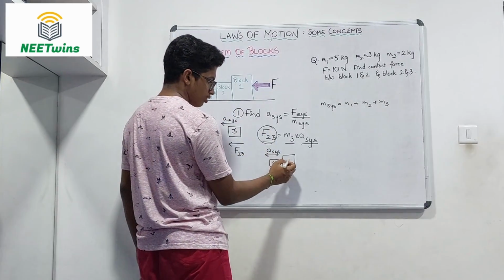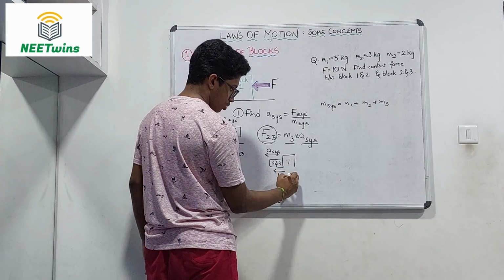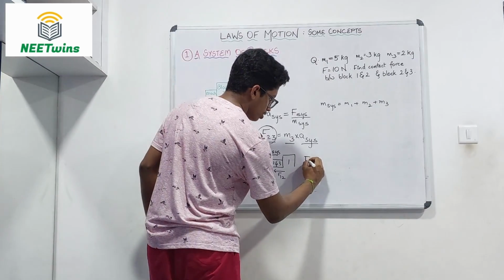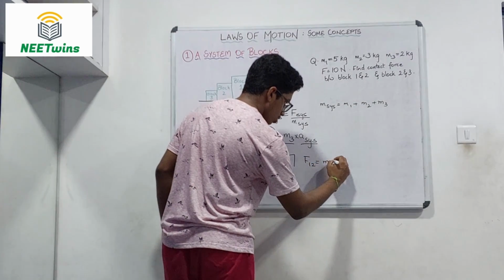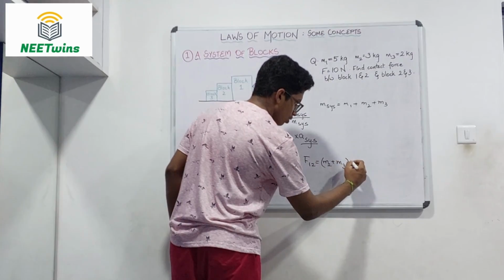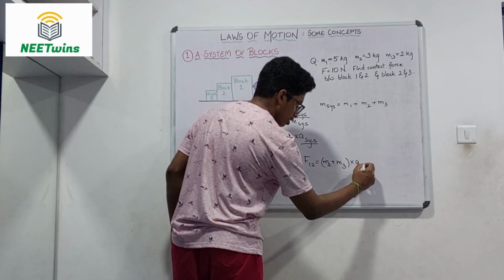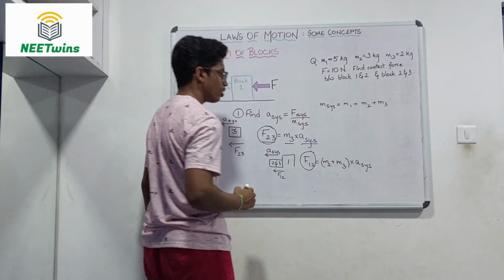The only force acting on it is the contact force between block 1 and block 2, which is F12. In this case, F12 can be equated to (m2 plus m3) whole into the acceleration of the system. So this is the contact force between block 1 and block 2.